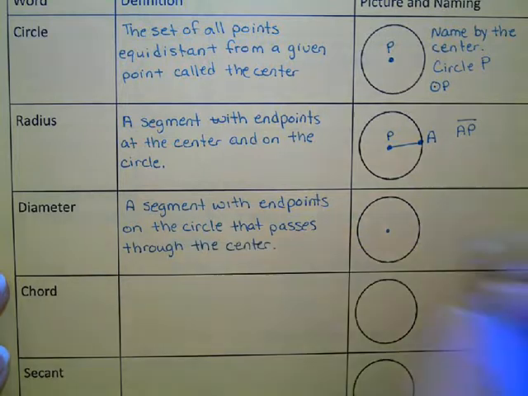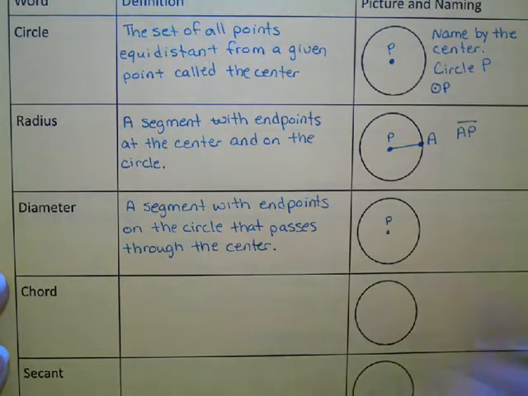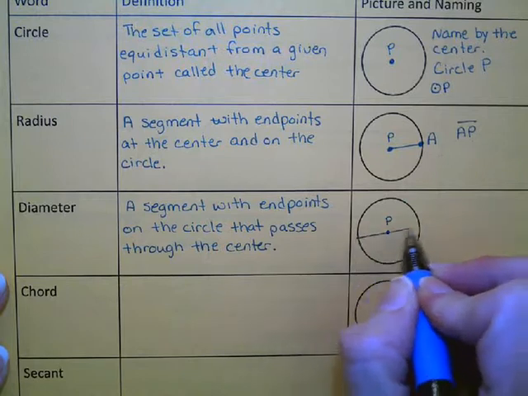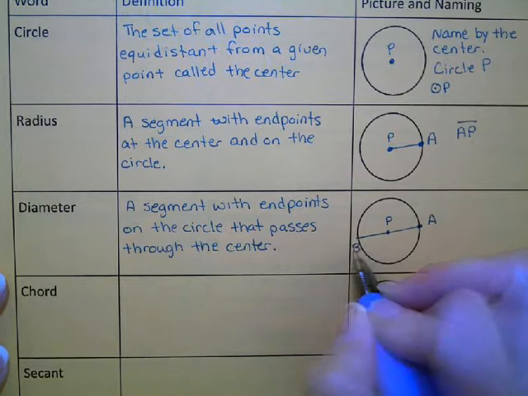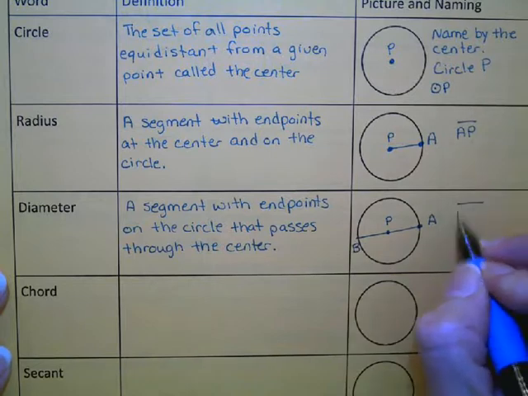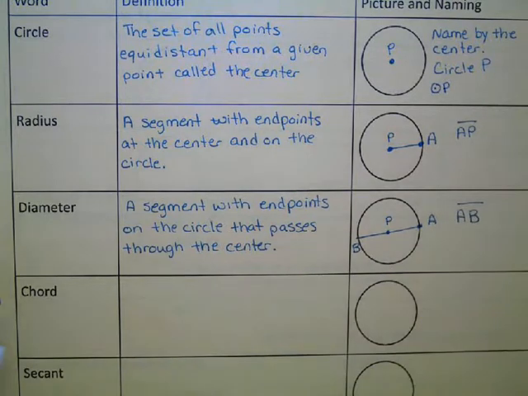So if this is still circle P we're dealing with, I'm going to draw a segment that goes through the center. That was A, we're going to call this one over here B. So segment AB would be the diameter because it goes through the center of the circle.